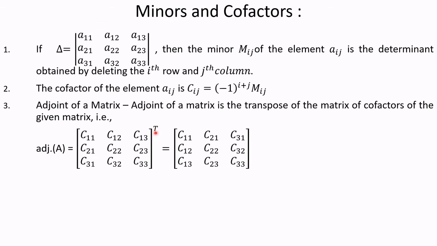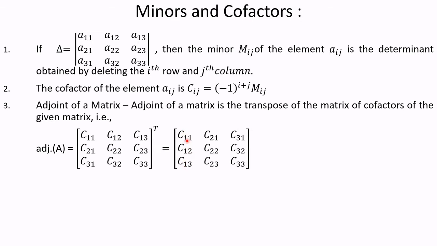In transpose we are interchanging a row with a column. So the first row will be converted into a column in the adjoint matrix. Therefore, C11, C12 and C13, these three elements in row 1 of the previous matrix, become elements of a column in the adjoint matrix.